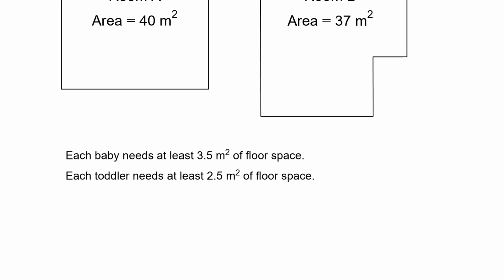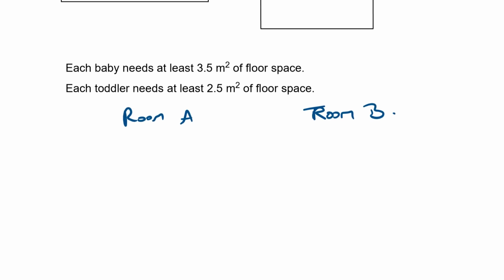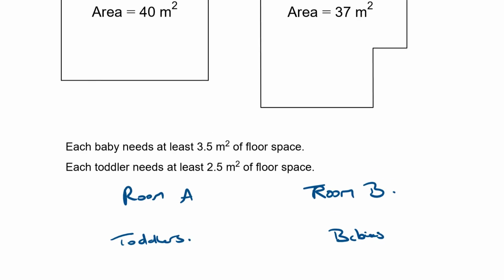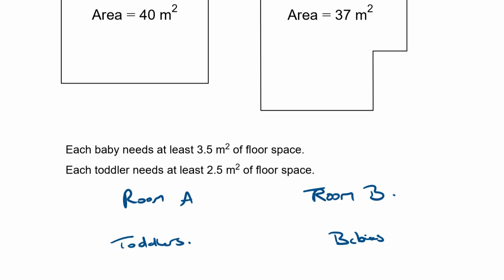So if I've got room A and room B, if I put toddlers in room A and babies in room B, then I'm going to need to divide the total for room A, 40, by 2.5, the space for each toddler.